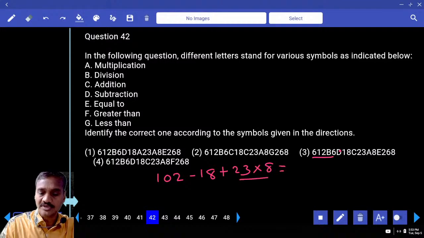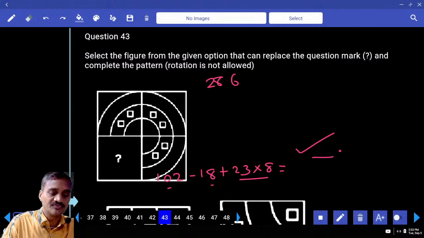Then here 23 into 8, how much is that? 20 into 8 is 160, so 184. 184 plus 102, how much is it? 286. Now 286 minus 18, that is 268. Choice 3, question number 42.